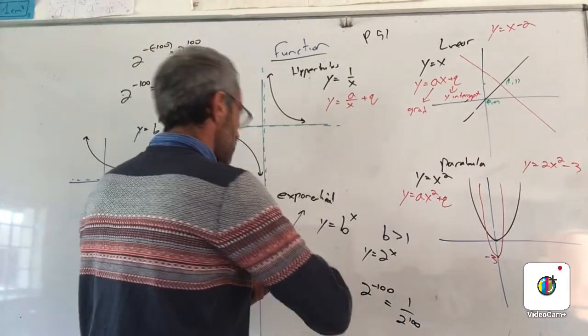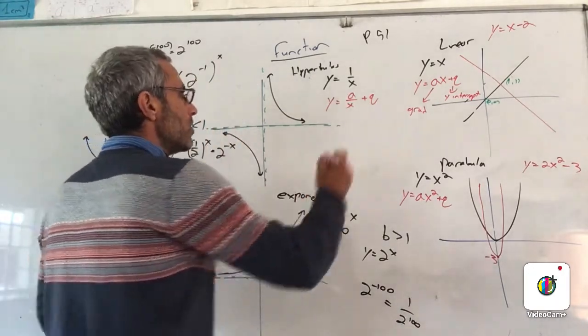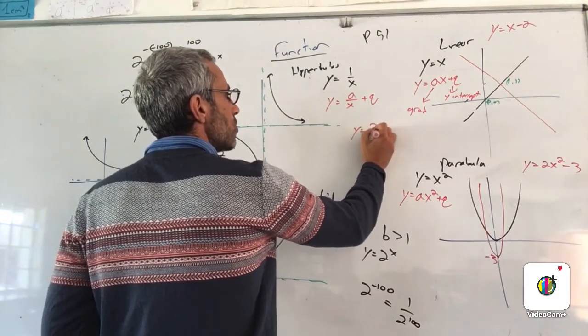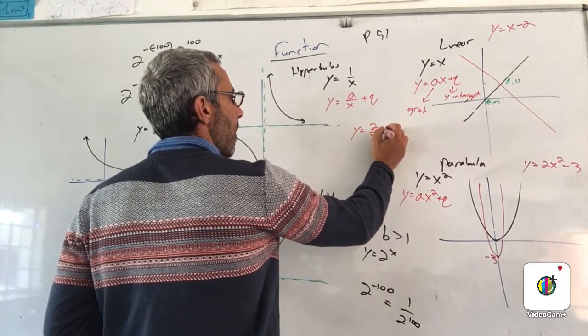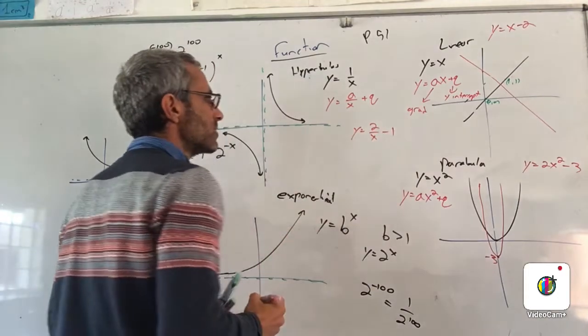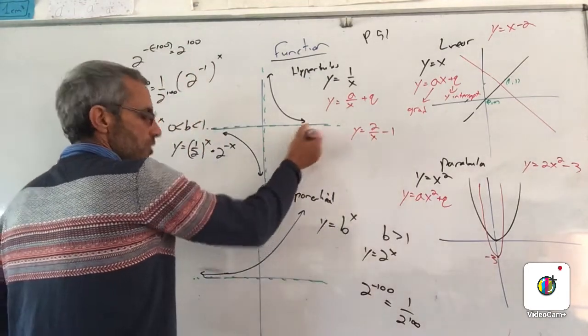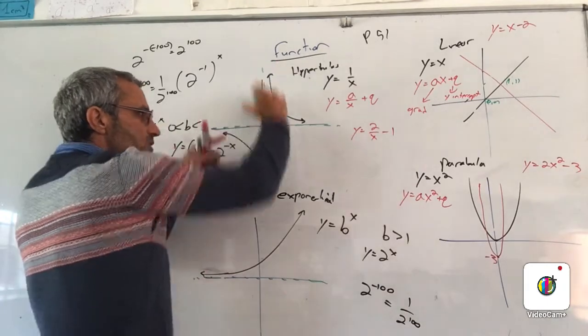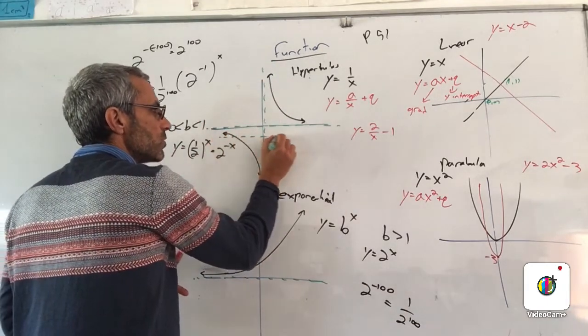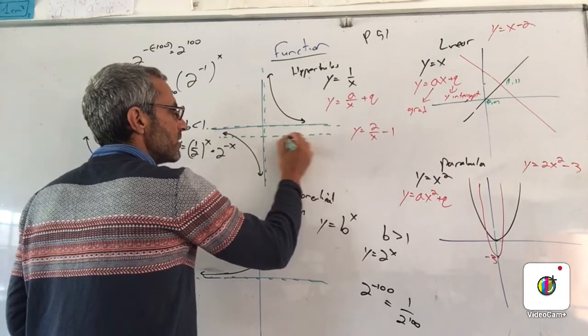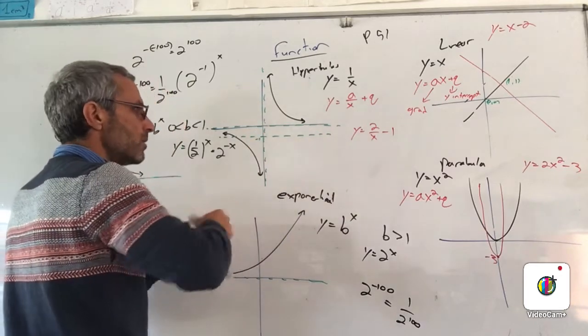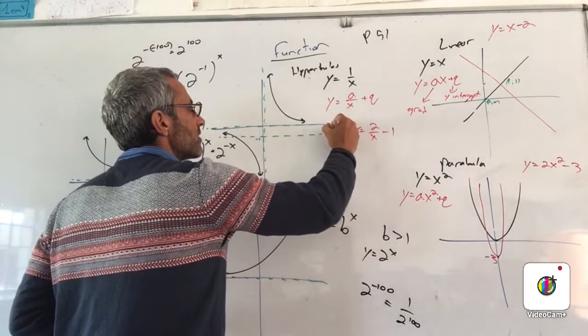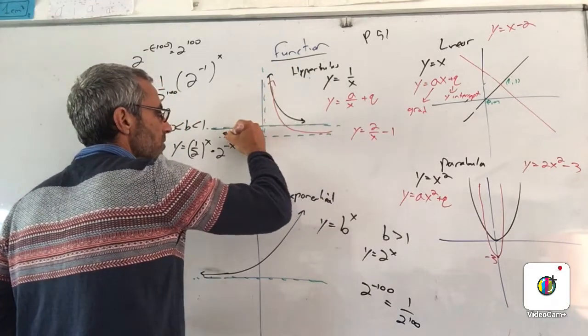So if I'm looking at a specific example, y equals 2 over x minus 1, then the new horizontal asymptote, everything is just basically moving down. So now it's going to be here at minus 1, and the new graph is going to be something like this.